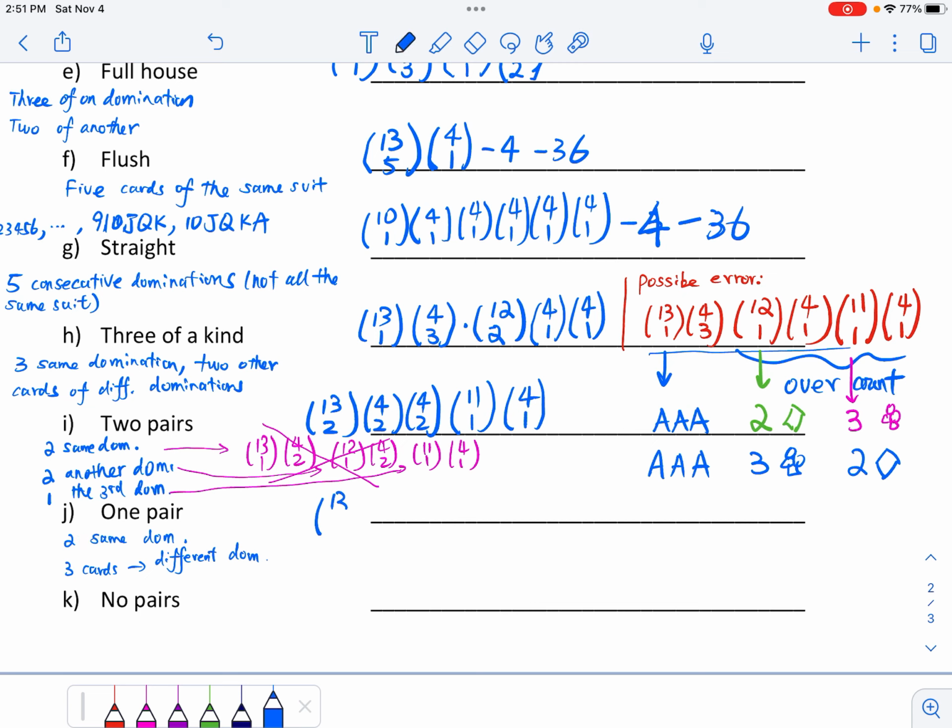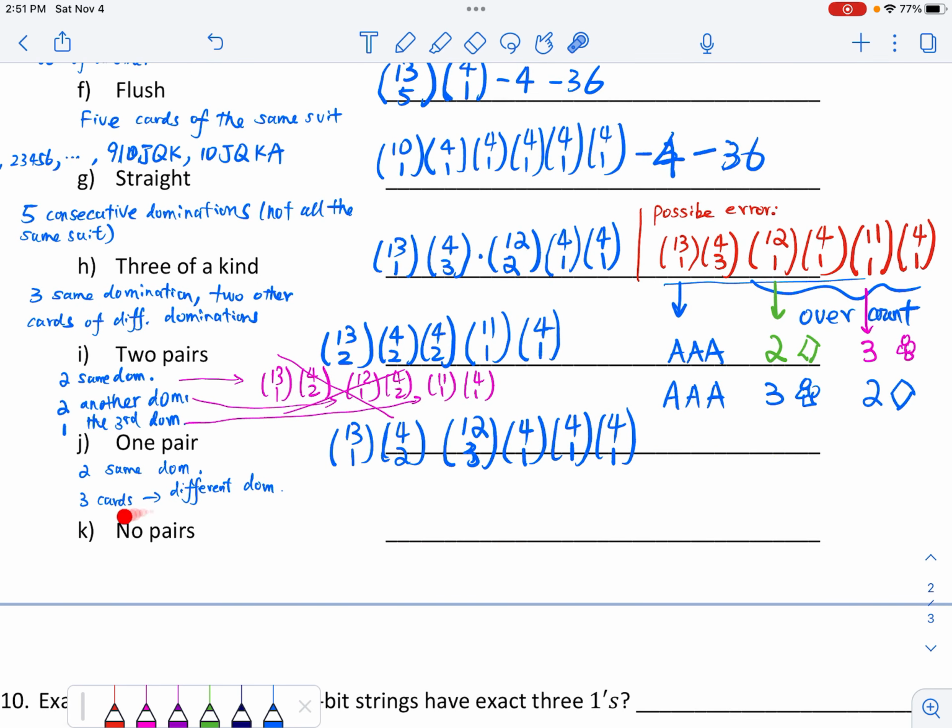So 13 choose 1, and then 4 choose 2, choosing 2 cards from the 4 cards of the same domination. Now for those 3 cards, this is where you have to be careful. For those 3 cards, I have 12 dominations left. I'll pick 3 out of those, and then for each one, I'll choose 1 card. This is the correct way to count 1 pair.